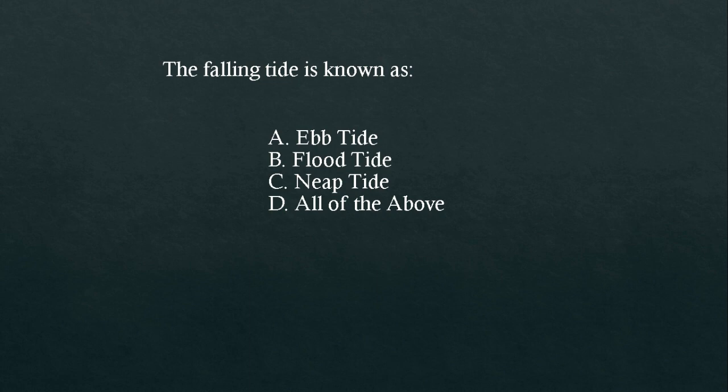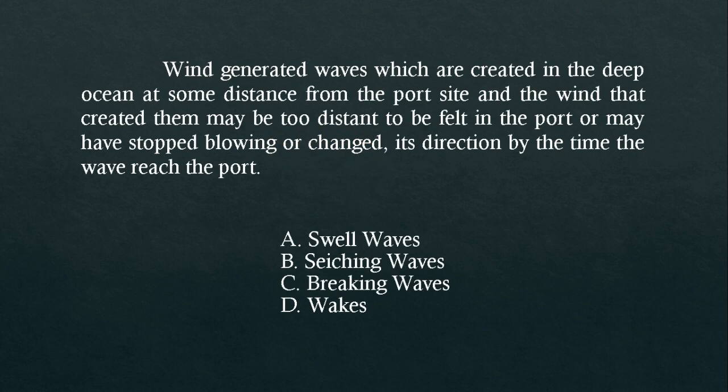The falling tide is known as wind-generated waves, which are created in the deep ocean at some distance from the port site, and the wind that created them may be too distant to be felt in the port or may have stopped blowing or changed its direction by the time the wave reached the port.